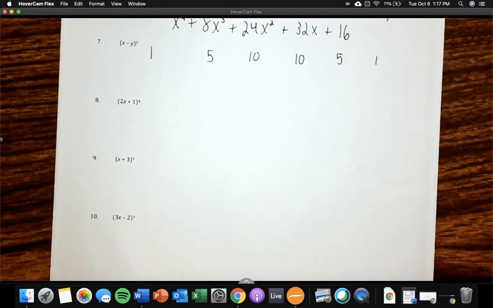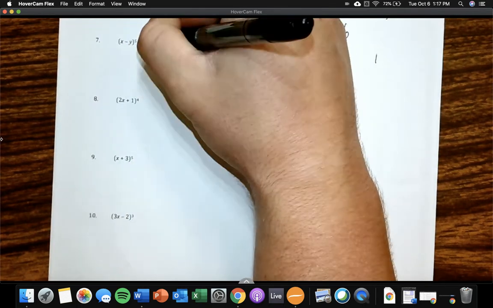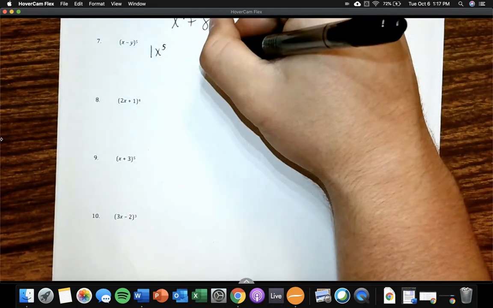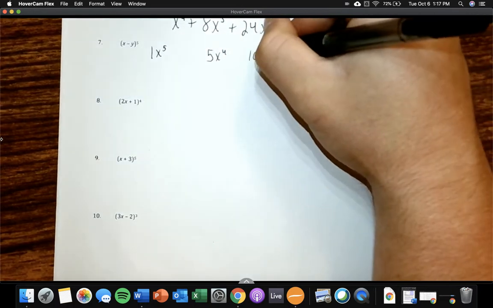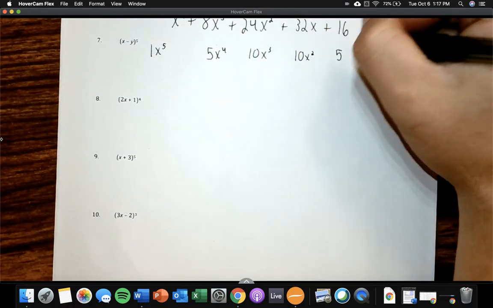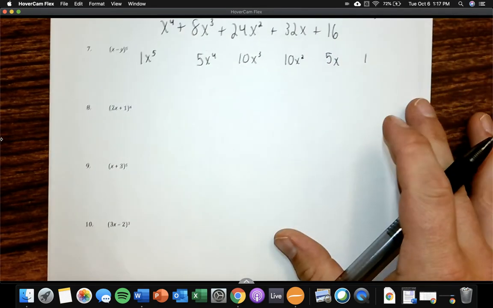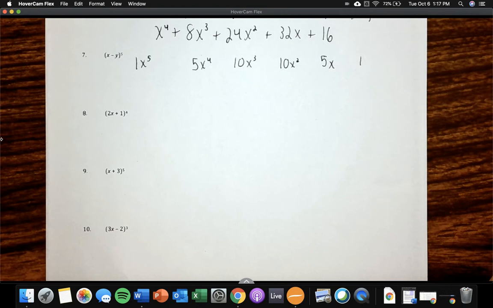Our a term is x, so we can say x to the 5th, x to the 4th, x to the 3rd, x squared, x, and then if we want to, we can write x to the 0, but let's just leave it because we know it's 1.